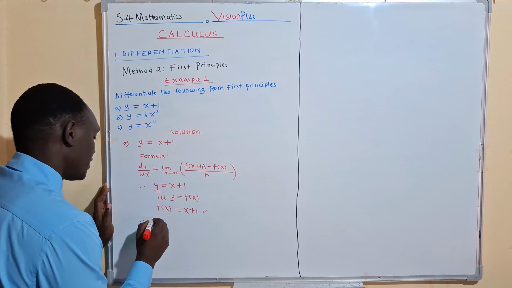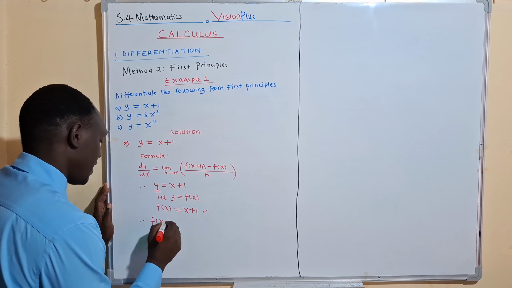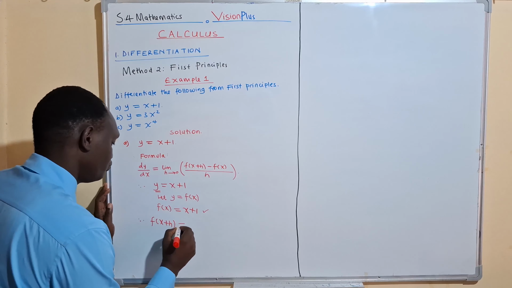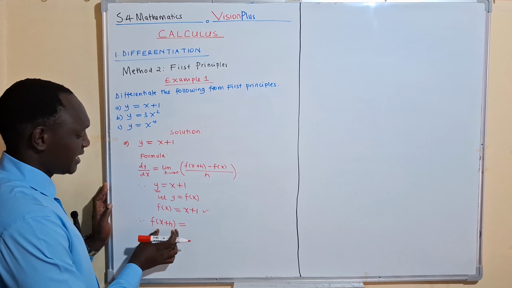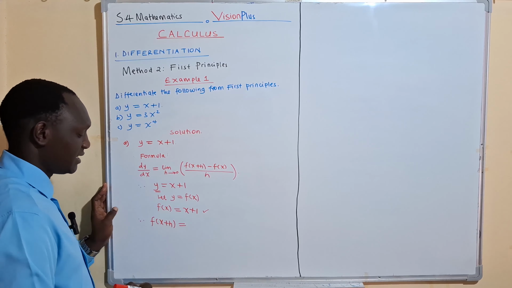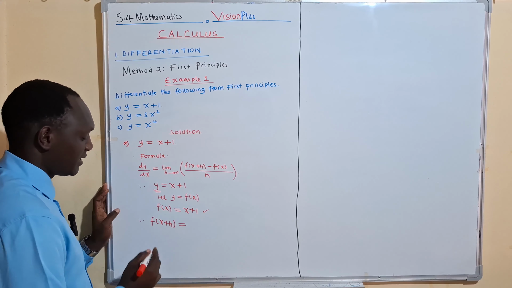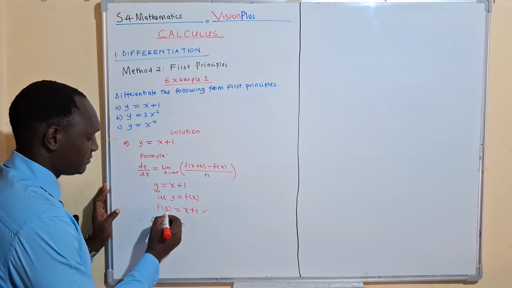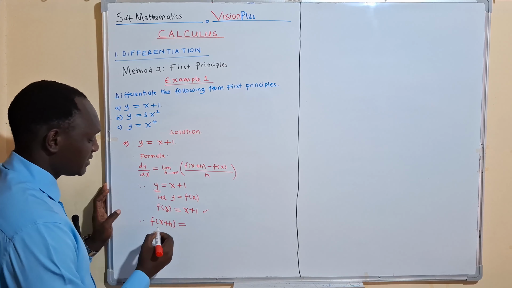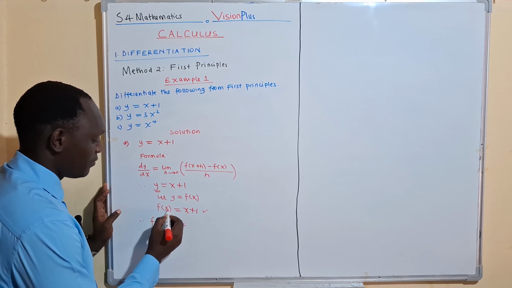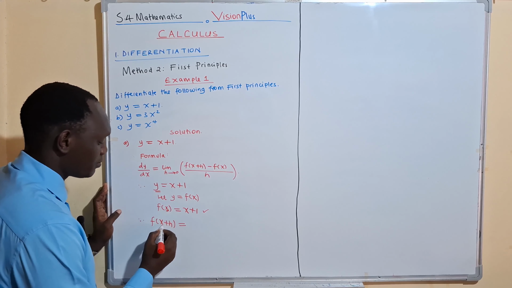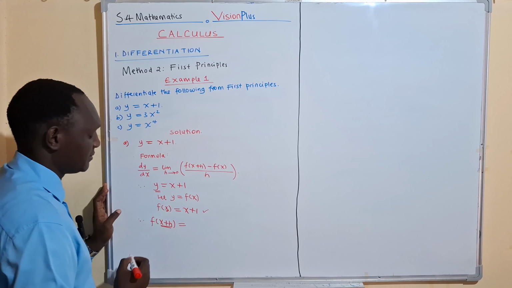Therefore, for us to get f of x plus h, remember this is the same function. That means here was x, so in this case x now corresponds to x plus h.